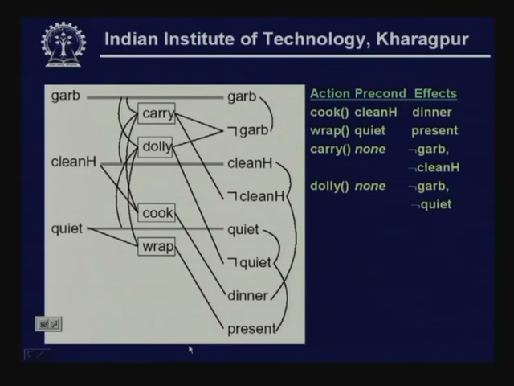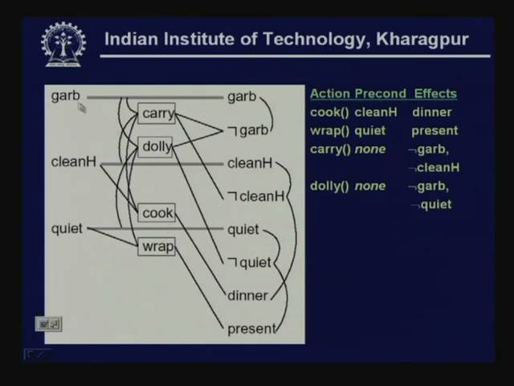So, we have this. Here I have not put the maintenance action for not dinner and not present, but the rest we have this 2-level planning graph for this problem. So, the actions as we have noted are carry, dolly, cook and wrap.